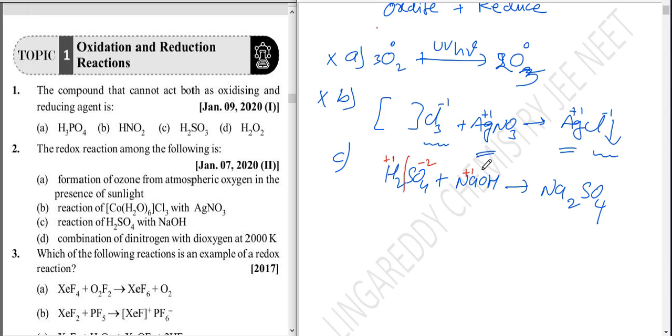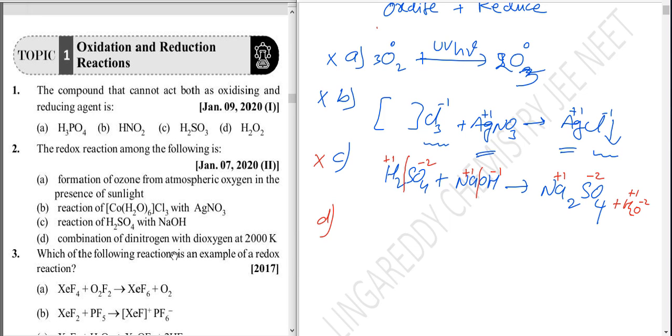Here Na plus, OH is minus 1. Here also Na plus, sulfate minus 2. The remaining will be water. In water, hydrogen plus, oxygen minus 2. So it is just a double displacement reaction. It is not at all a redox reaction. So obviously the fourth one it will be.